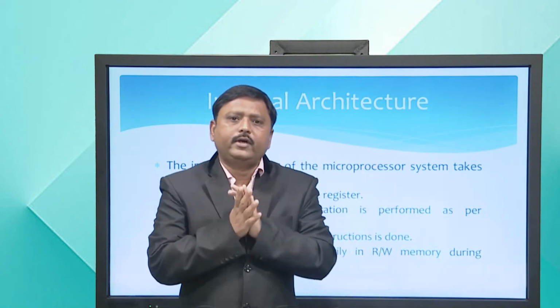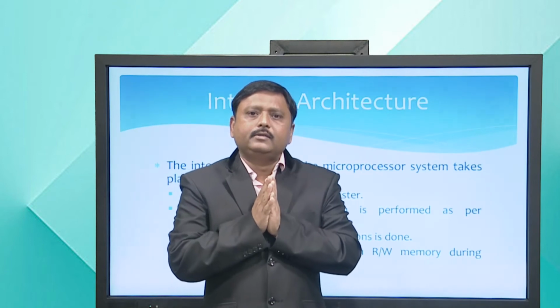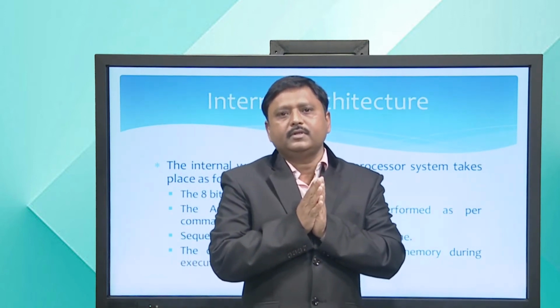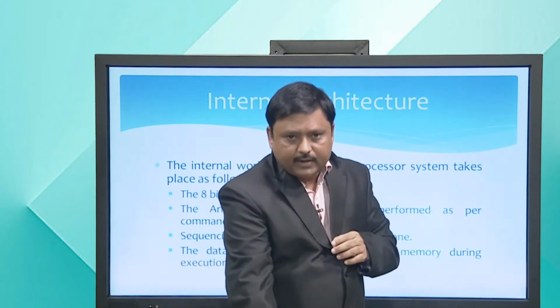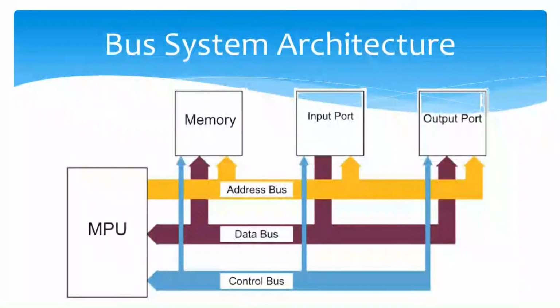Now, we have studied that the system bus carries various types of signals. So, let us try to understand the bus system architecture. You can see on the screen the bus system architecture of the microprocessor. Here we have three types of bus: address bus, data bus and control bus.